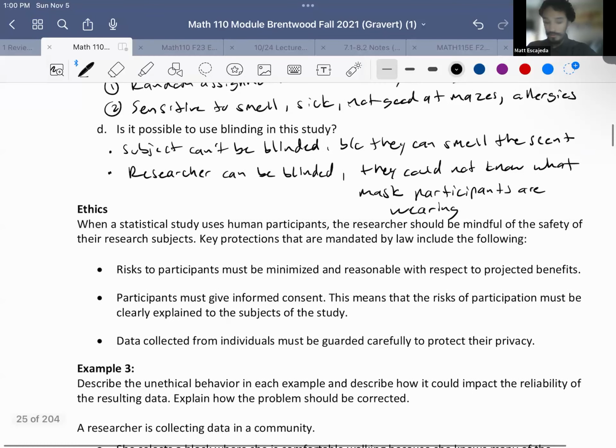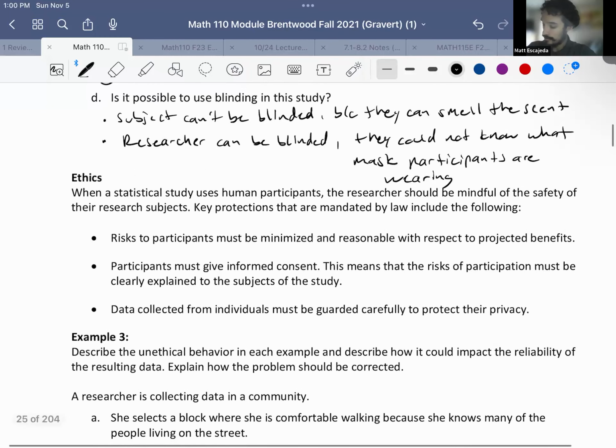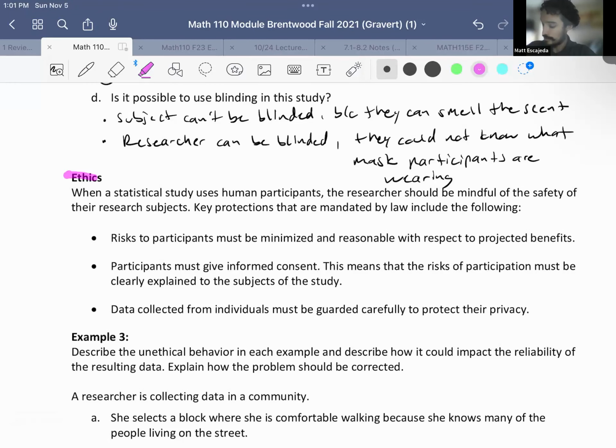But the last leg of this 1.4 section about experimental design is about the ethics that go into these studies. So ethics: when a statistical study uses human participants, the researchers should be mindful of the safety of the research subjects, and key protections that are mandated by law include the following.